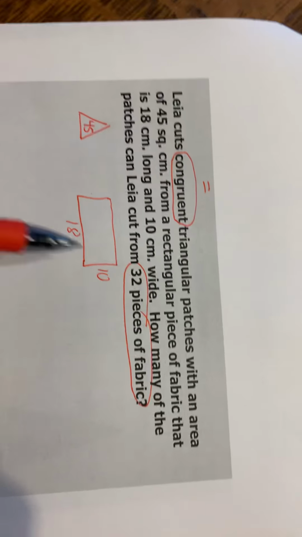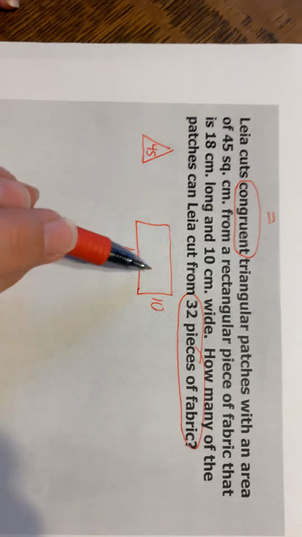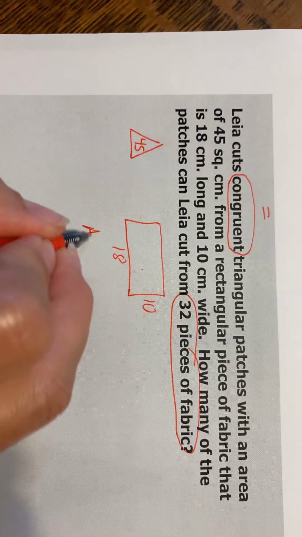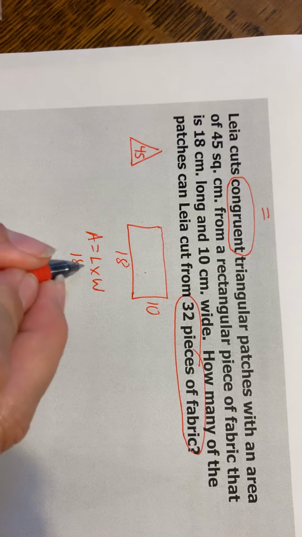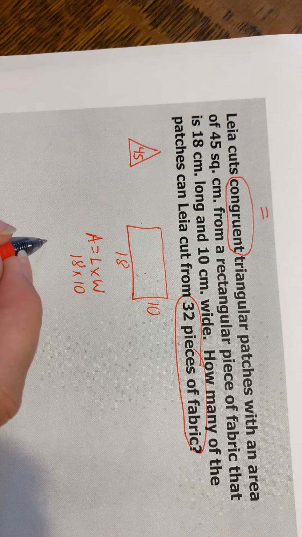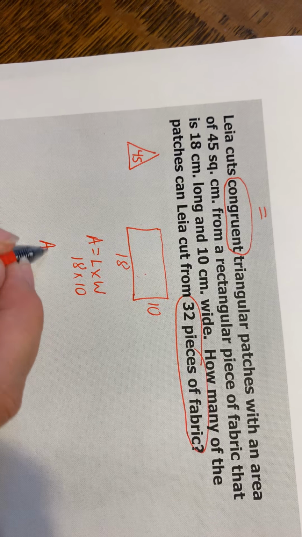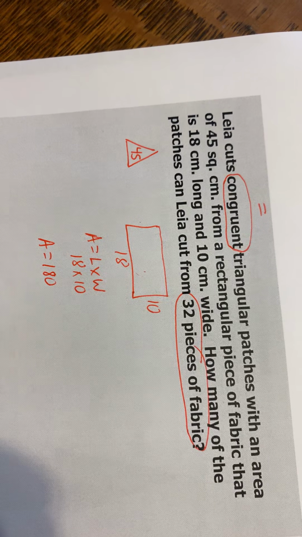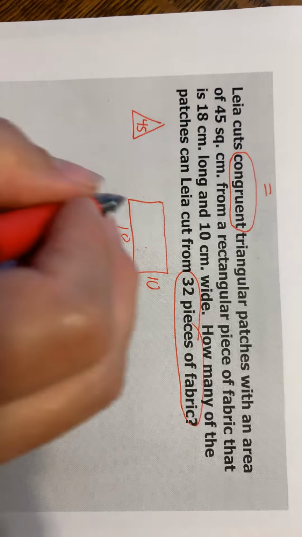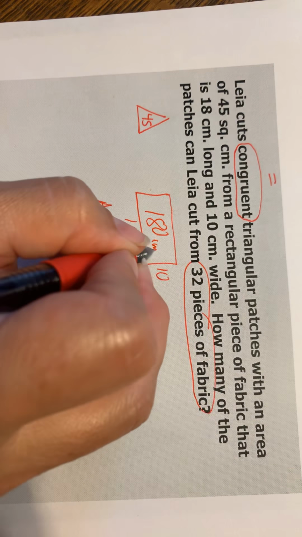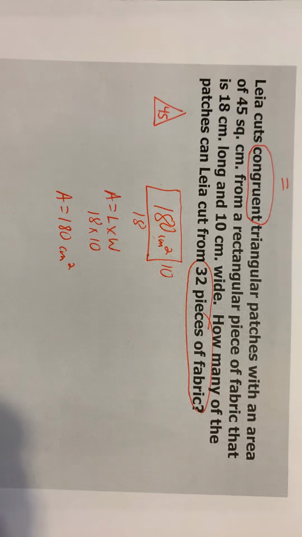So 32 of those. So to begin with, let's find the area of this fabric piece. So to find this one, I'll use my formula. I'll plug in what I have. So I know that that's going to give me an area of 180 square centimeters. So this whole thing right here is 180 square centimeters.